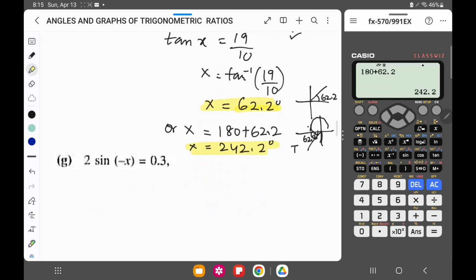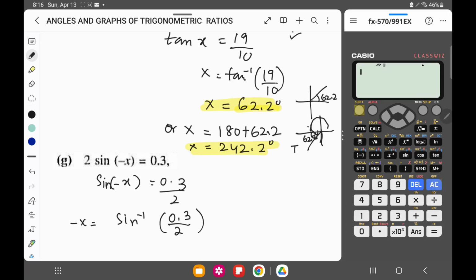Now the question is coming for negative. Okay, so let's see how to find it. So this is 2 sin x is equal to negative 0.3, so sin x is negative 0.3 over 2. Okay, let's find out how much the angle is. Sine inverse of 0.3 upon 2.